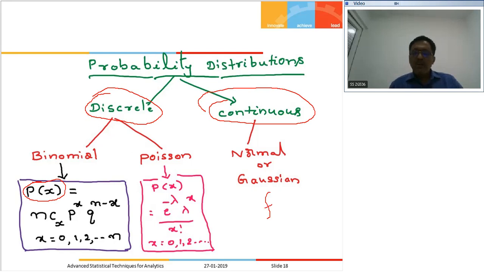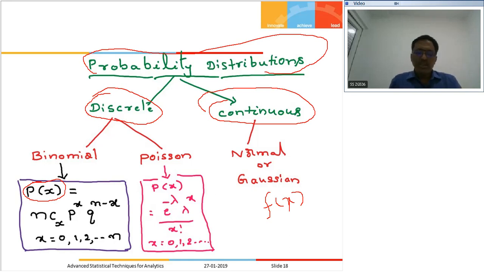Now, depending on p of x, there are many distributions defined. Depending on p of x and some properties related to it, we'll have various kinds of distributions. That is what we call probability distributions. It depends on how p of x is defined.